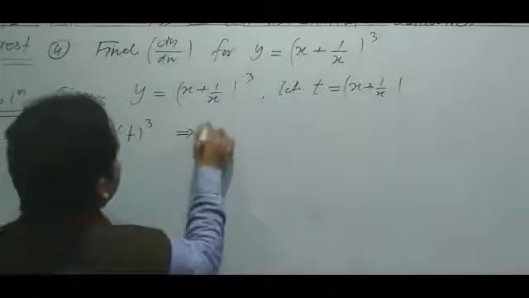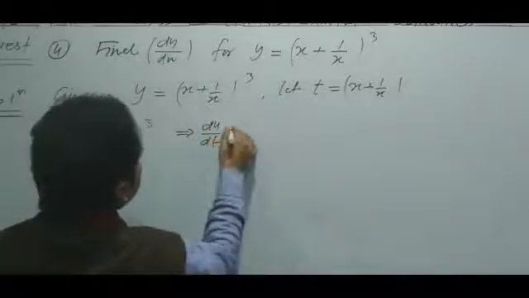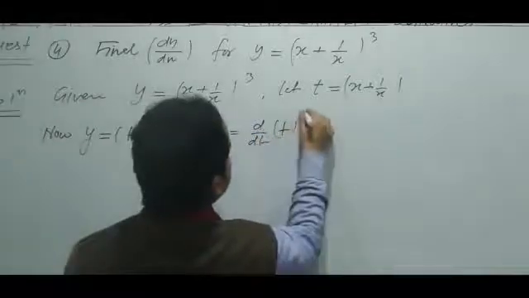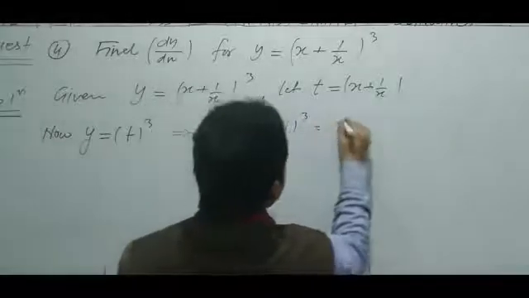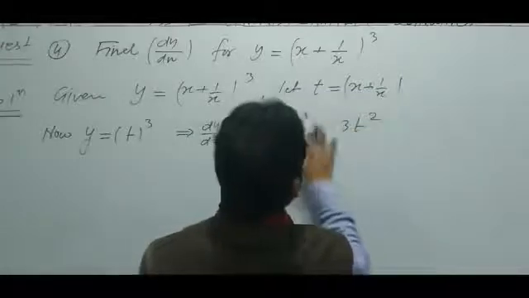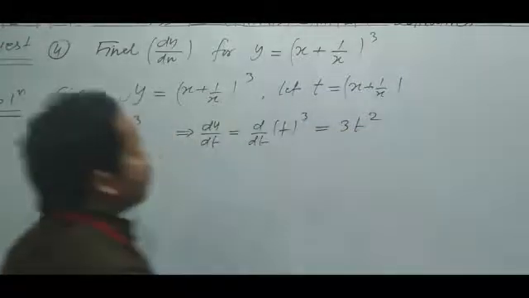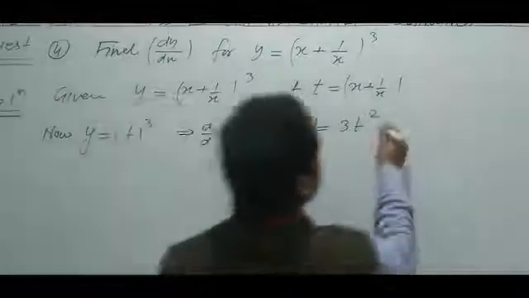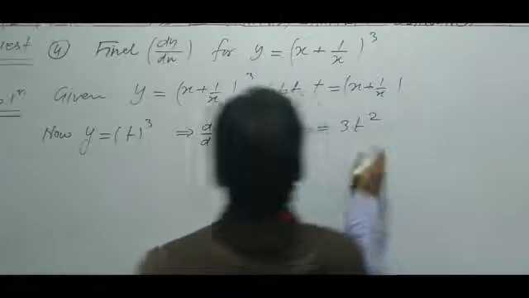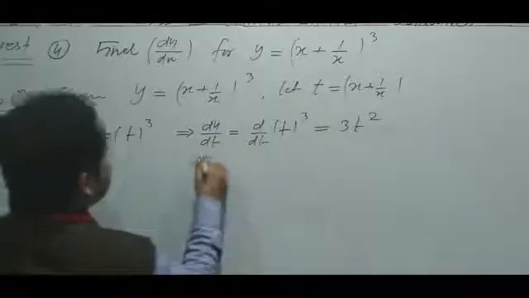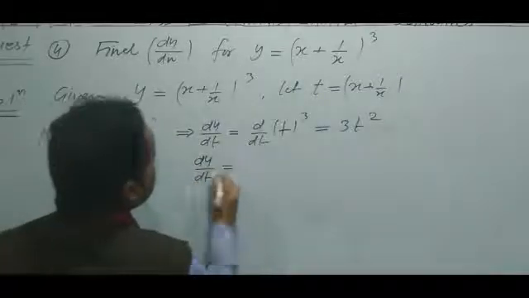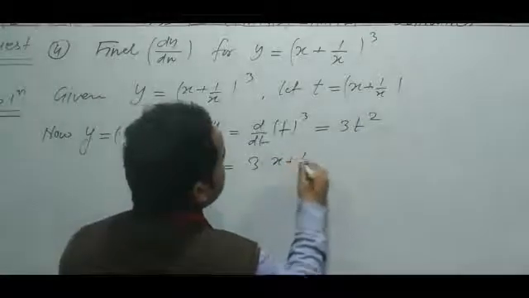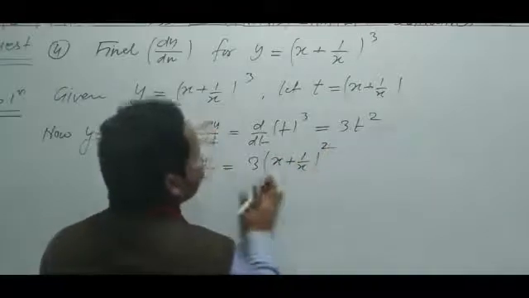So dy by dt result is d by dt of t to the power 3, and this one we can write 3t square. And 3t square means dy by dt is equal to 3 times x plus 1 by x, that is power 2.